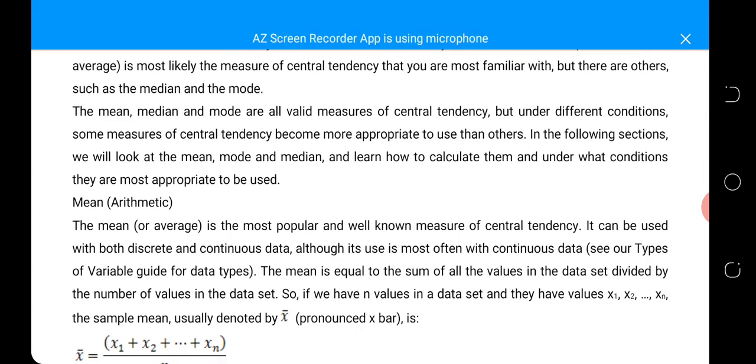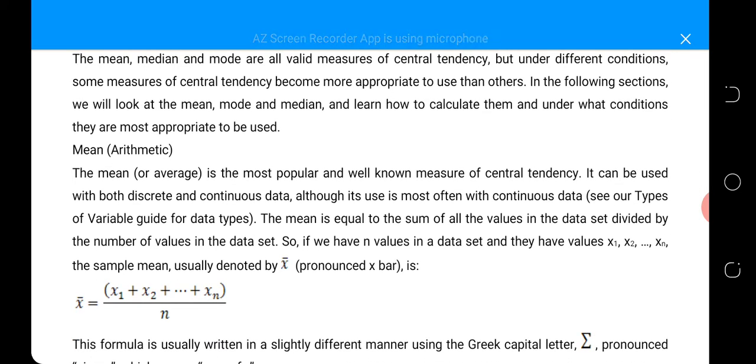The mean, median, and mode are all valid measures of central tendency, but under different conditions, some measures of central tendency become more appropriate to use than others. In the following section, we will look at the mean, mode, and median and learn how to calculate them and under what conditions they are most appropriate to be used.